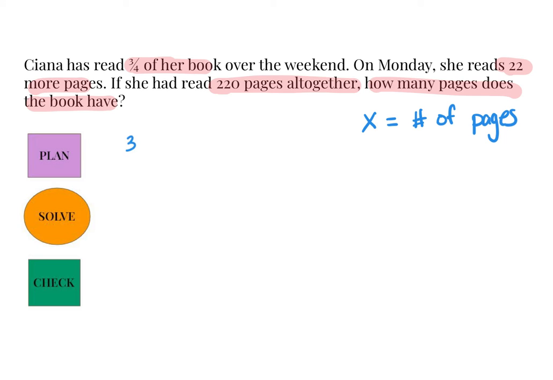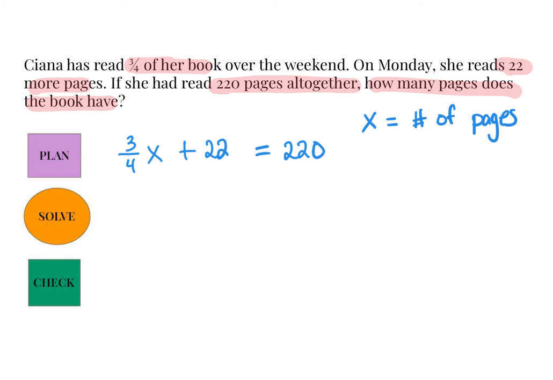So we read 3/4 of the book, which is the total number of pages, over the weekend. And then we read an additional 22 more pages. In total, she has read 220 pages altogether. So we want to figure out what X is, which is the total number of pages.